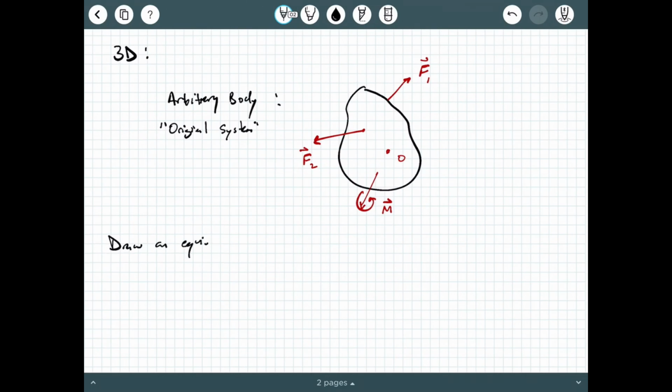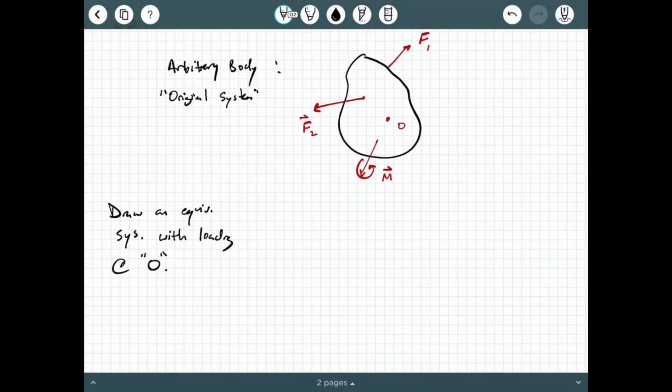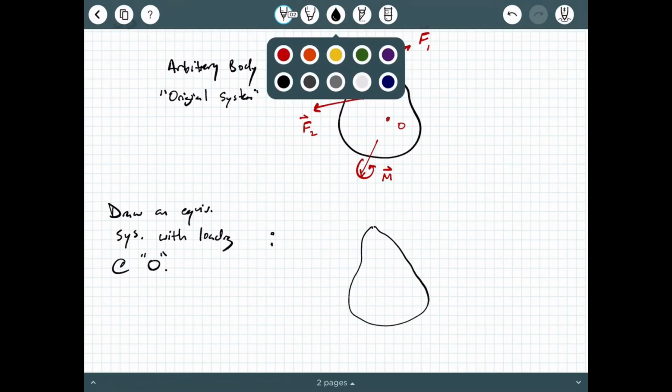I want us to draw an equivalent system with loading at point O. We're going to have the same kind of arbitrary body here. Okay, it's close enough.